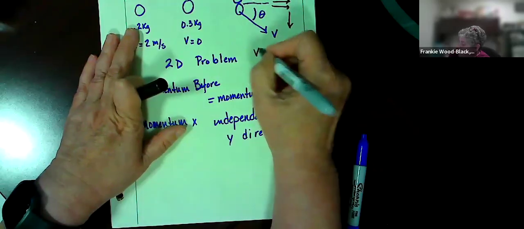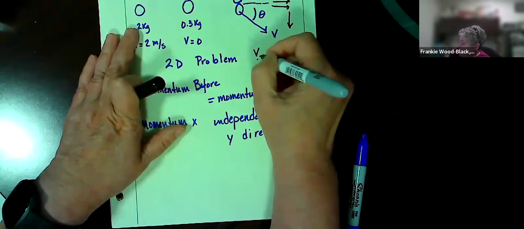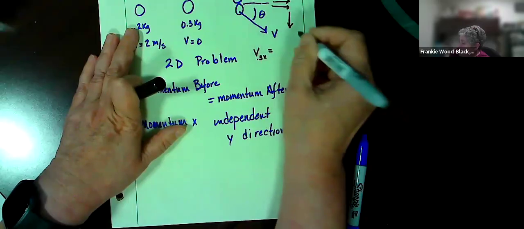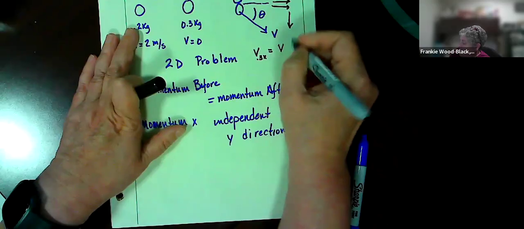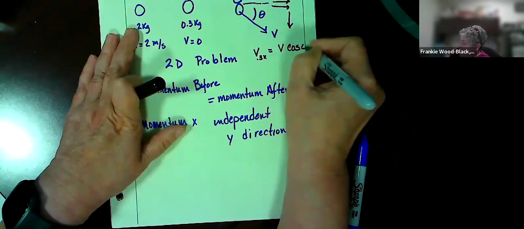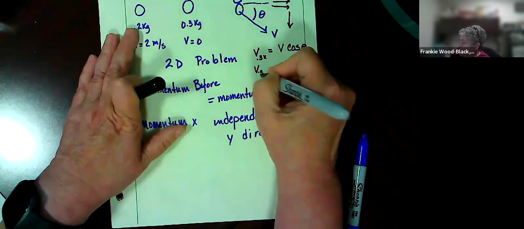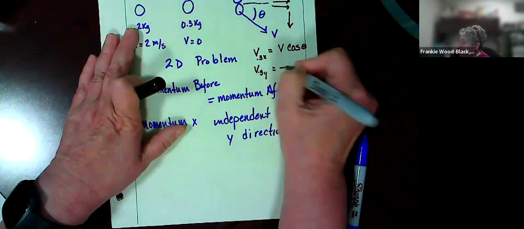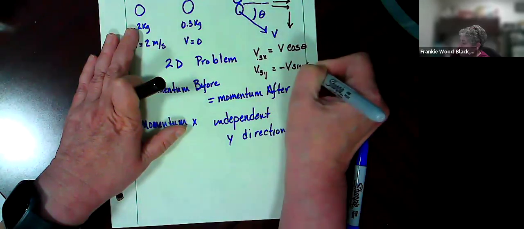For this one, v3 x is going to be v cosine of my angle, and v3 y is going to be minus v sine of the angle.